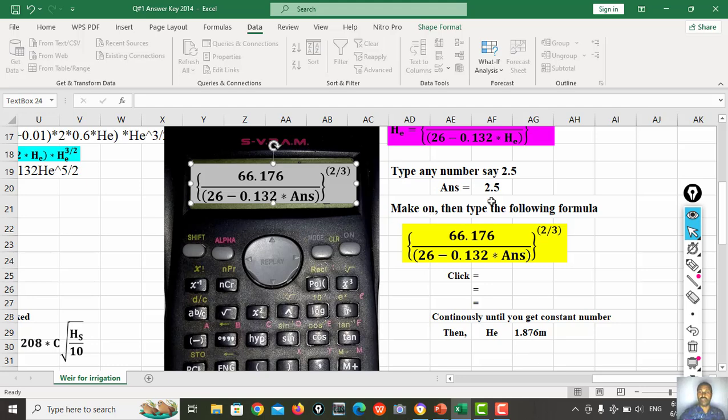Once you have saved the value 2.5, you have the answer, then write the bracket: 2 over 3, then 26 minus 0.132 times answer. Then click equal.